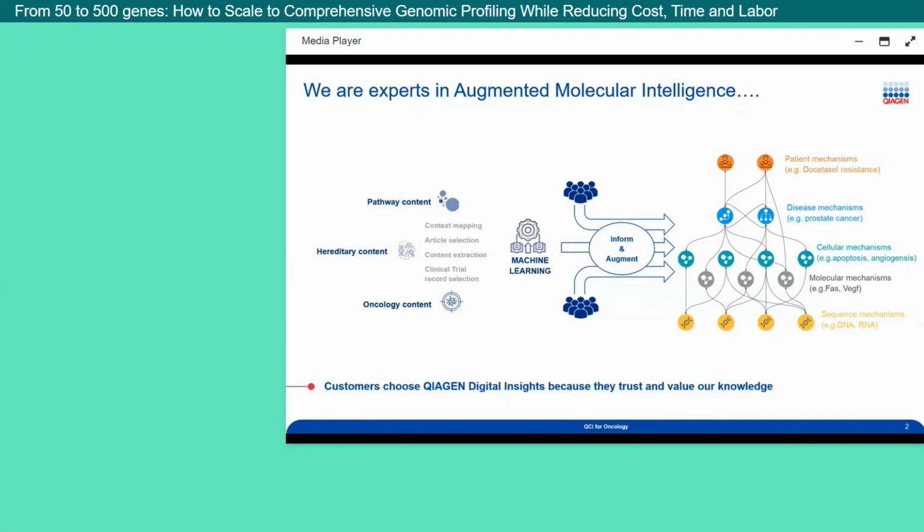While machine learning techniques help to rapidly prioritize and extract, index, and seed evidence that inform our subject matter experts, every piece of information is manually reviewed and further manually processed to curate complex biological processes and clinical evidence to achieve deep insights with precision.